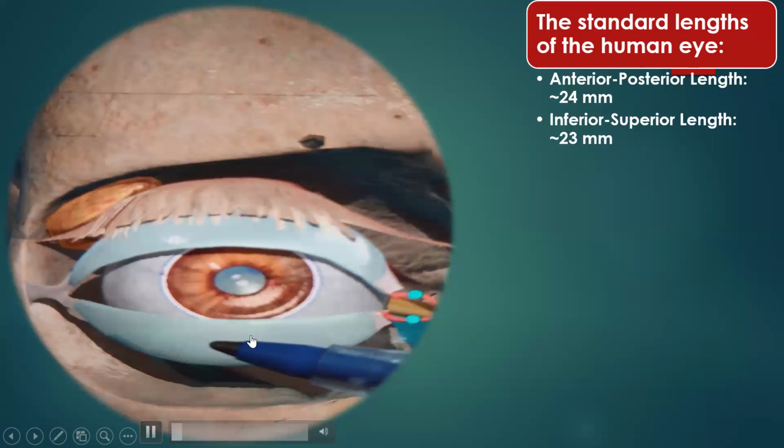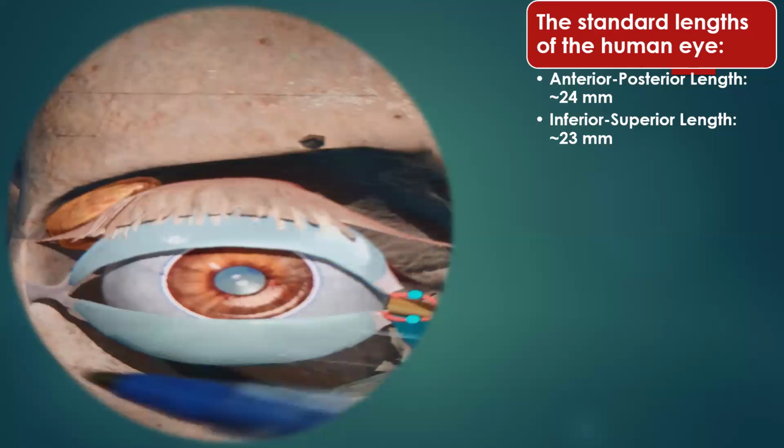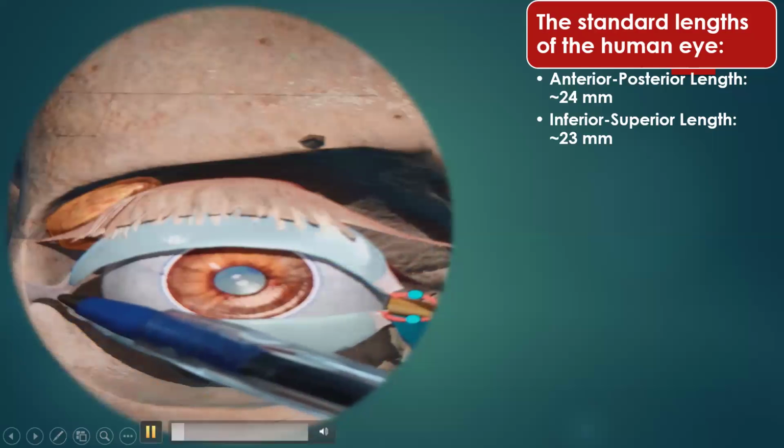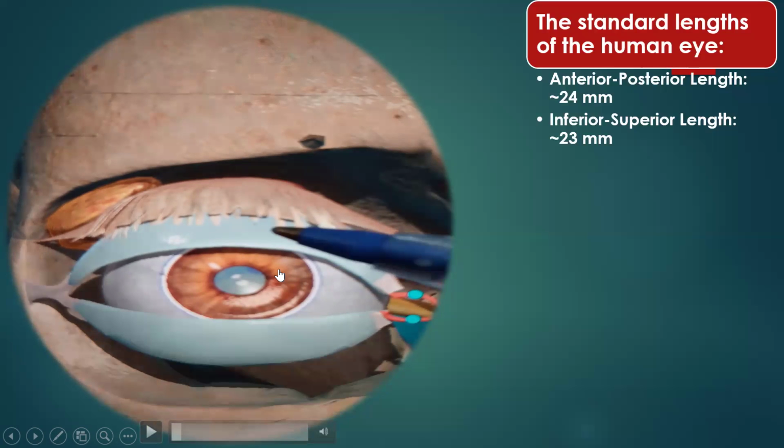Now, the upper tarsus, also known as the superior tarsus, has a similar structure to the inferior tarsus.